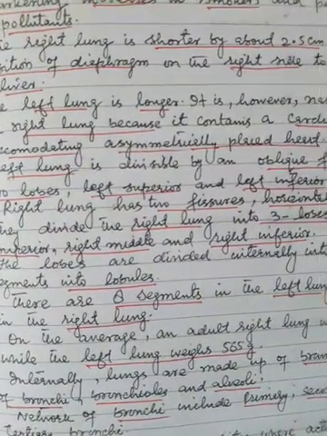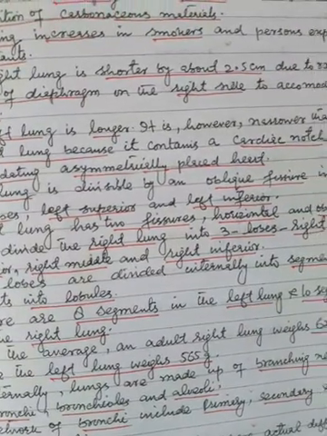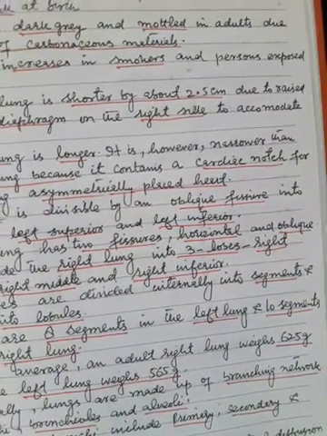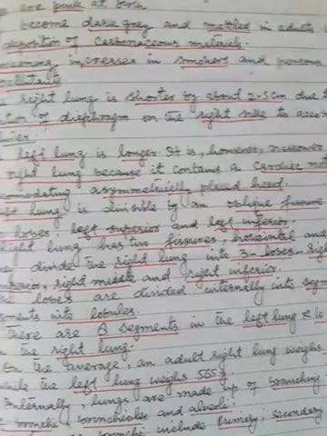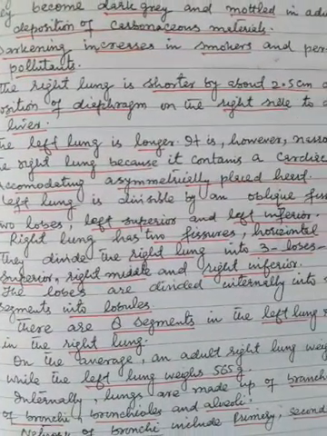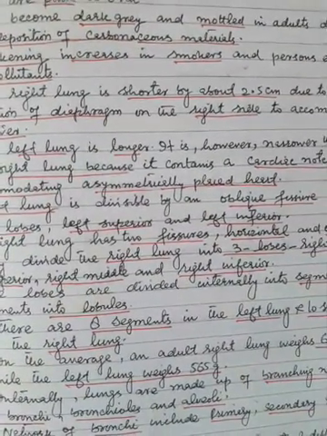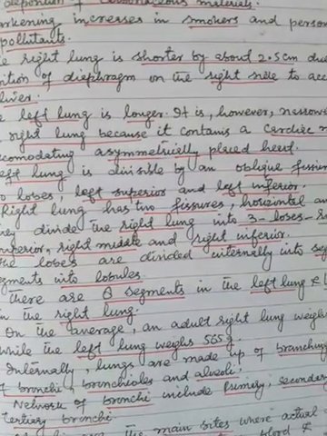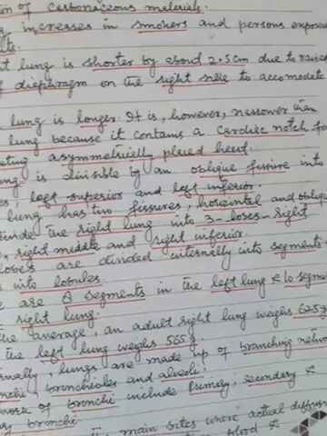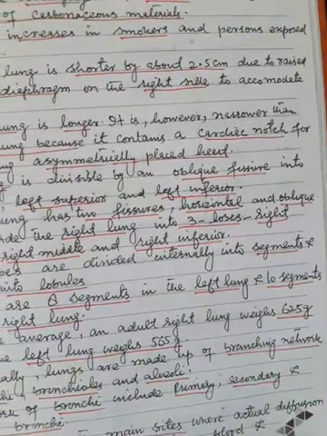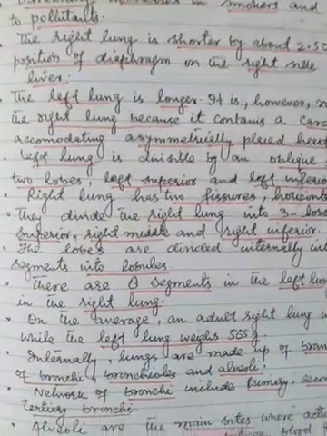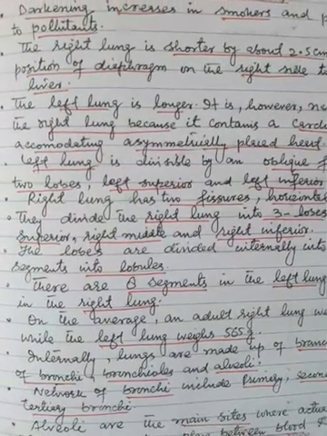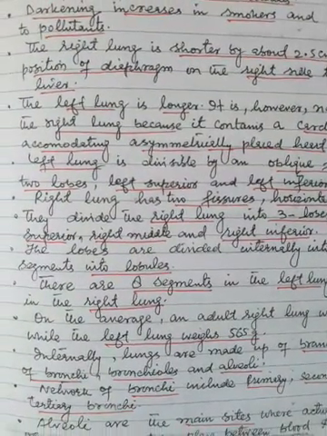On the average, an adult right lung weighs 625 grams, while the left lung weighs 565 grams. Internally, lungs are made up of a branching network of bronchi, bronchioles, and alveoli.